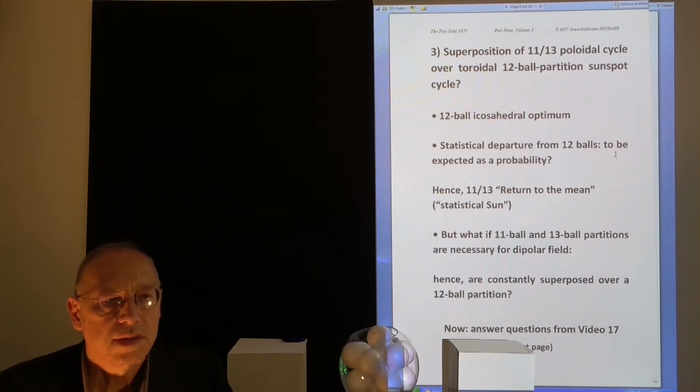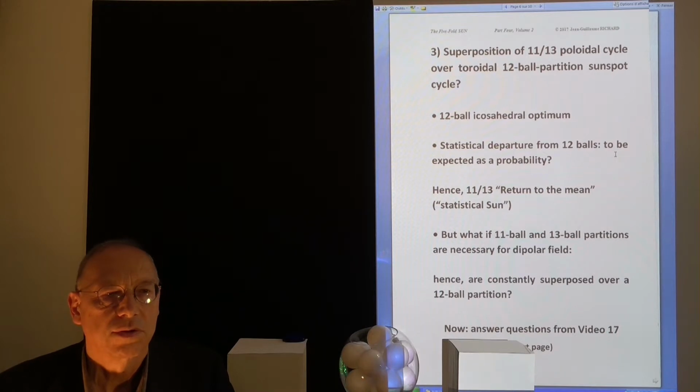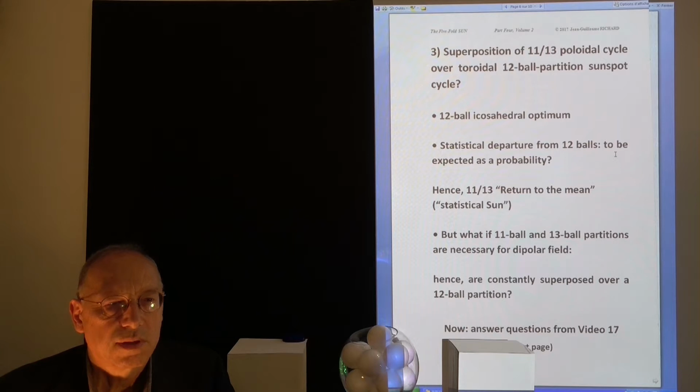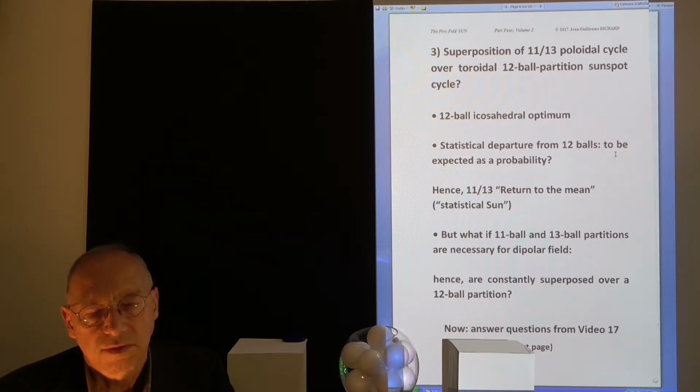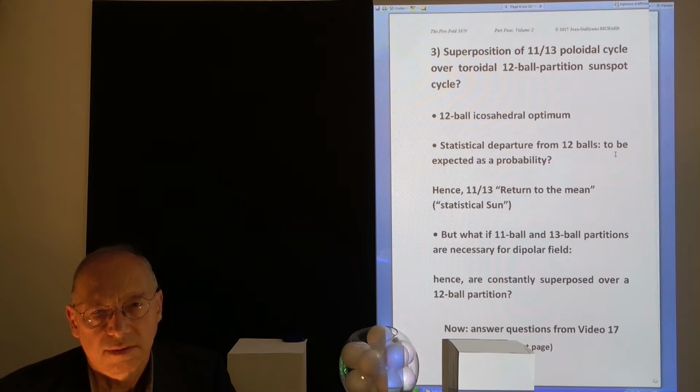It is interesting at this point in the discussion to reflect on whether the presence of a poloidal cycle and a toroidal cycle is determined by statistical behavior or by a more deterministic rationale.